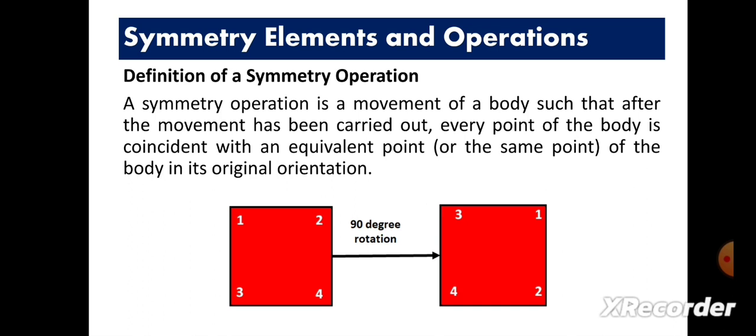So we call a symmetry operation a movement after which a point on the body is replaced by an equivalent point. Here point 1 is equivalent to point 3 and point 2 is equivalent to point 1. That is what we mean by symmetry operation.